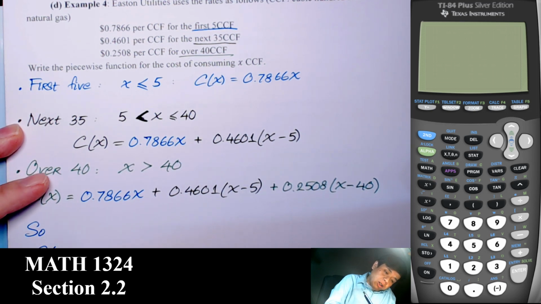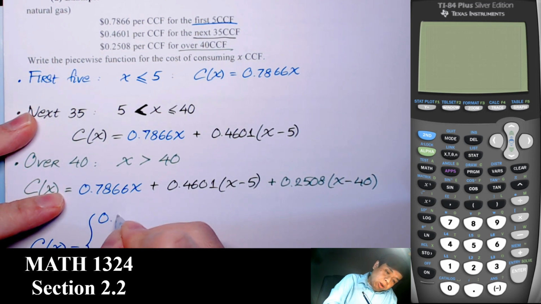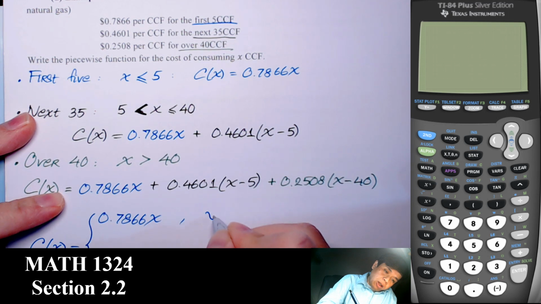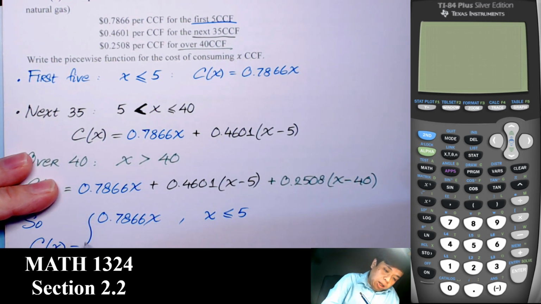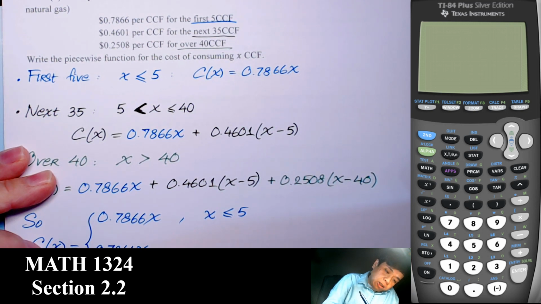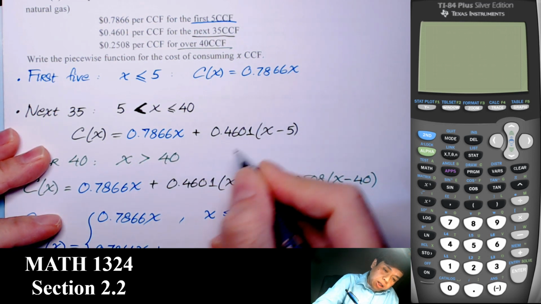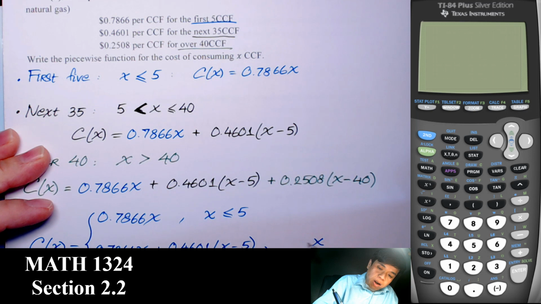The cost function is 0.7866x if x is less than or equal to 5, and then 0.7866 times 5 plus this, for x between 5 and 40.